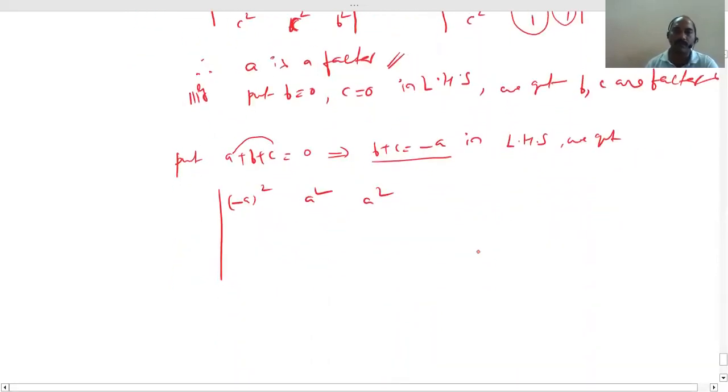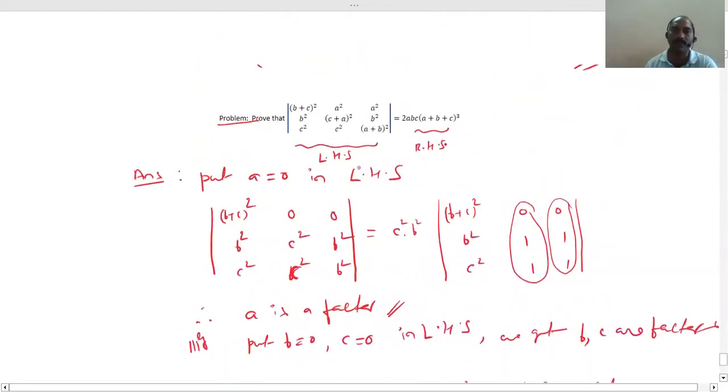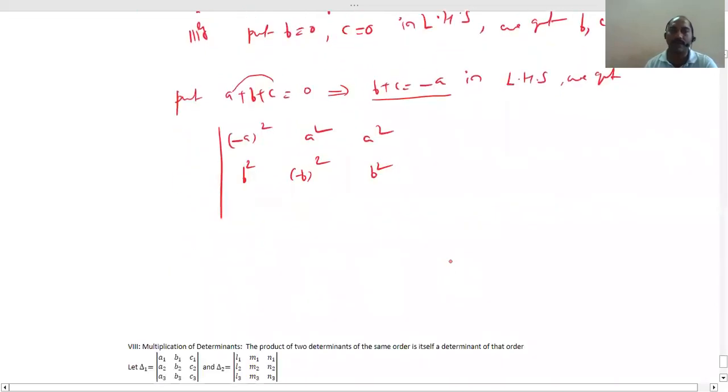C plus a becomes the diagonal element, you substitute. So b square, next element minus b whole square, b square. You observe that second row. Just only I am substituting the diagonal element. A plus c equal to minus b, and next diagonal element is a plus b equal to minus c in the third row. We can use this substitution.